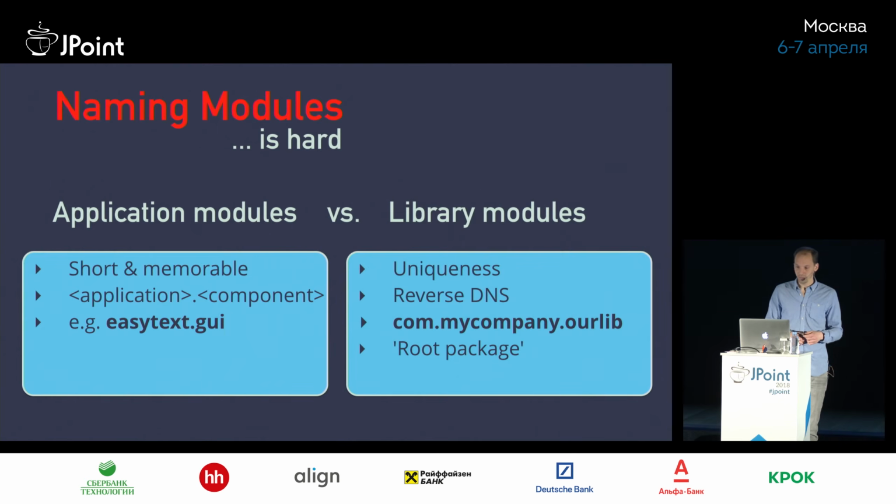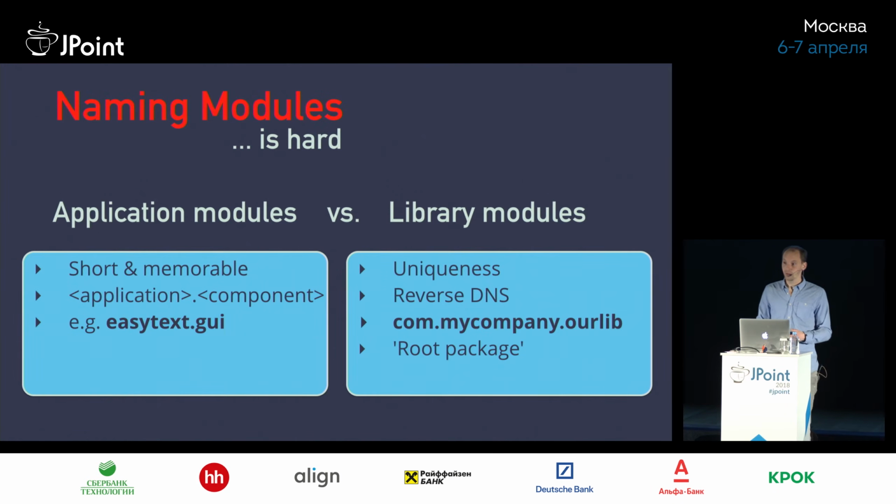On the other hand, if you are a library author or library maintainer and you want to publish your module, then uniqueness of the module name is actually very important because you live in a global namespace again. Like packages, modules must be globally unique in that sense if you create libraries.